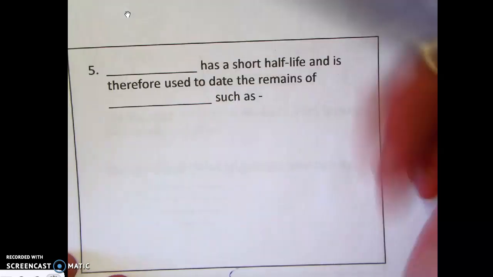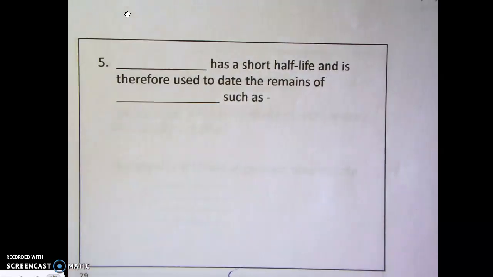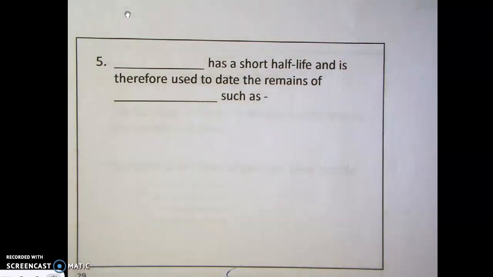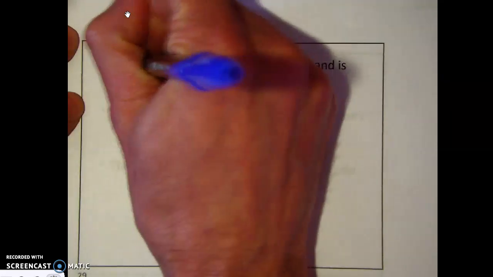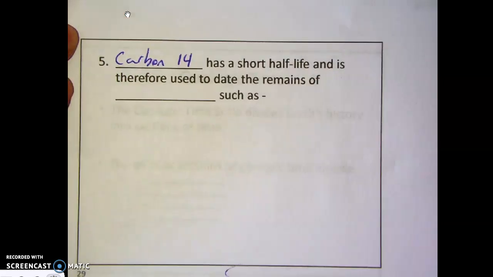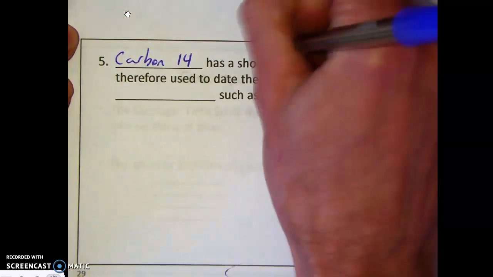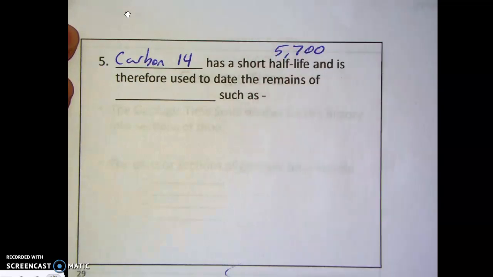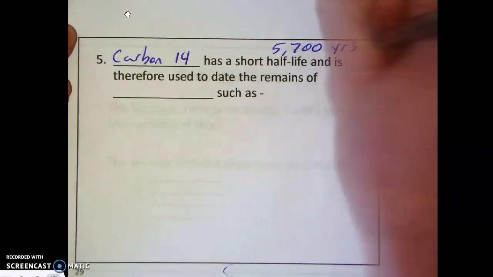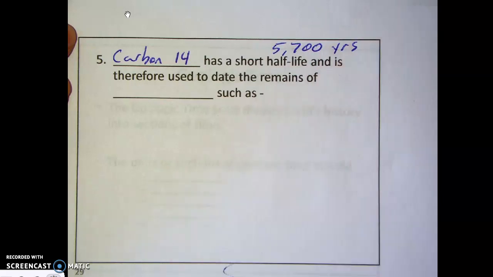Out of the half-lives and the elements that we looked at, carbon-14 has the shortest half-life, only 5,700 years, which again might sound like a long time, but compared to the other half-lives, exponentially smaller.